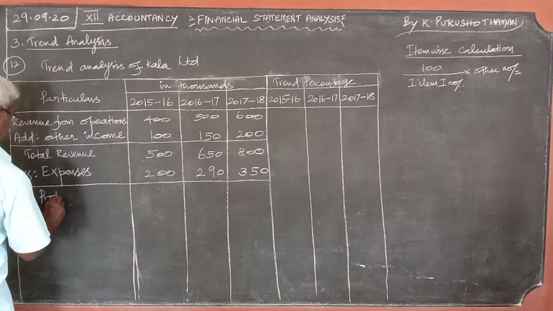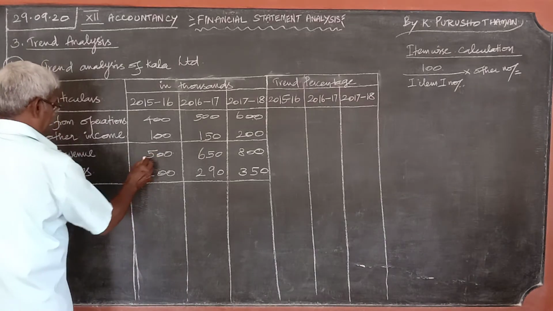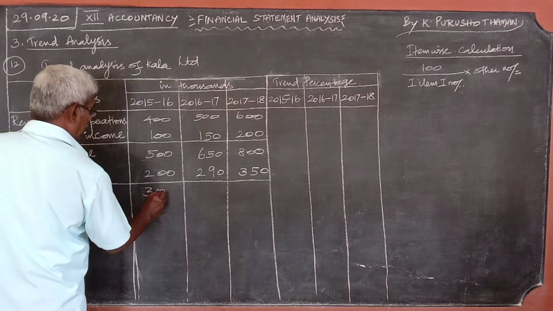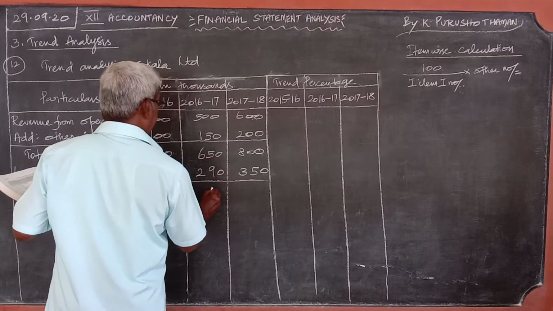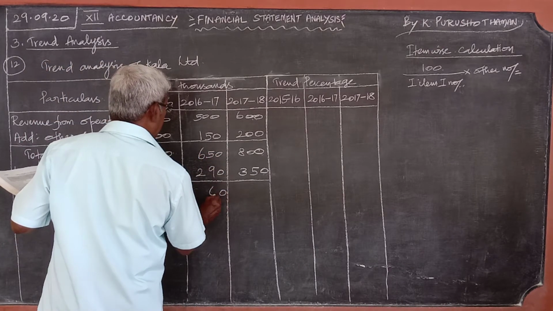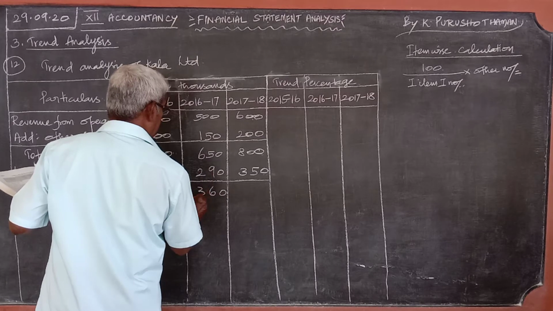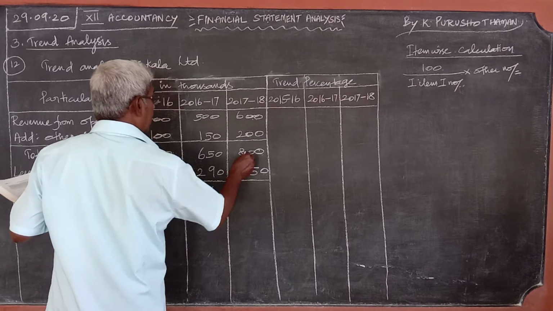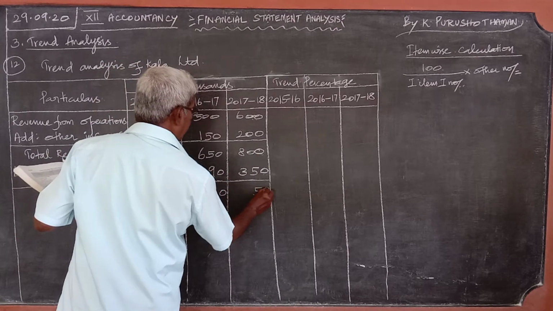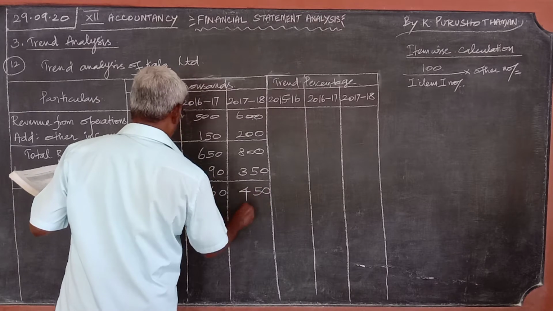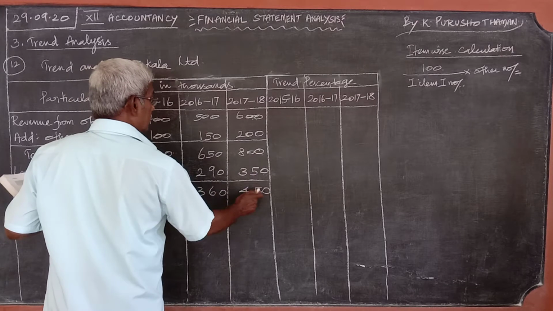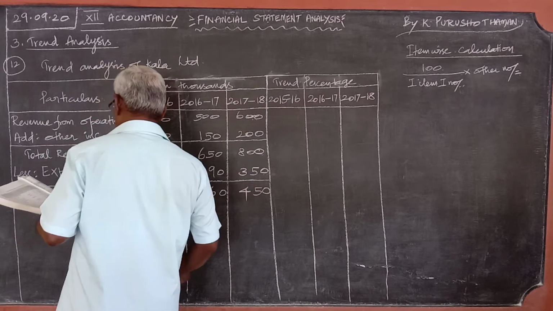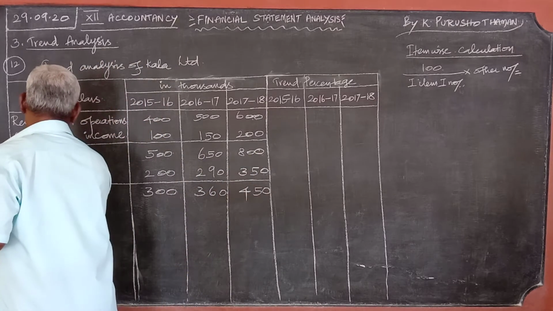From the total income we subtract the expense: 500 minus 200, 300. 650 minus 290, 360. And here 450. This is profit.